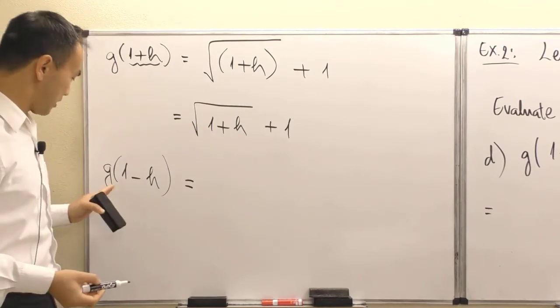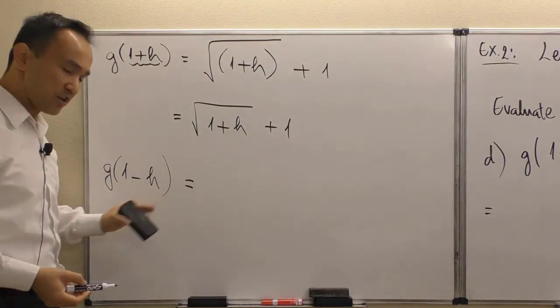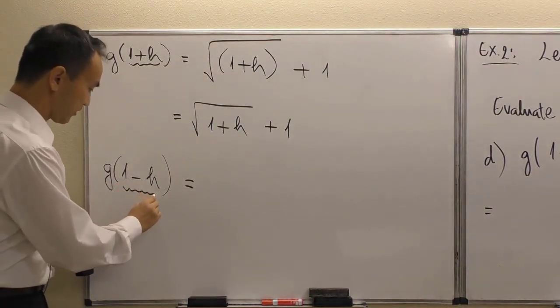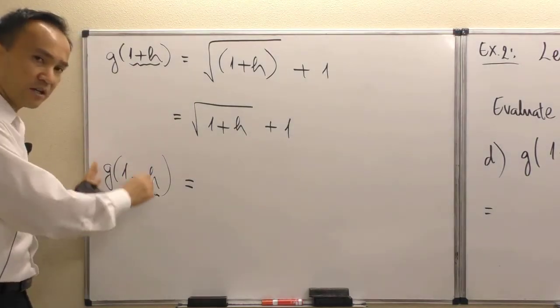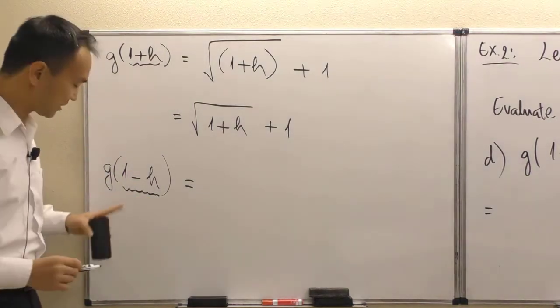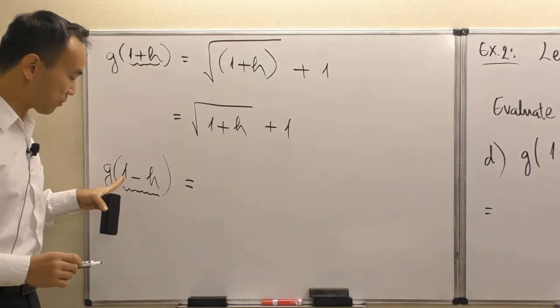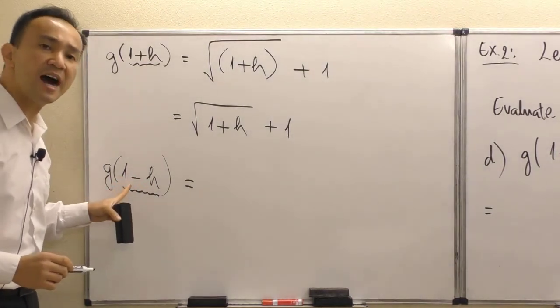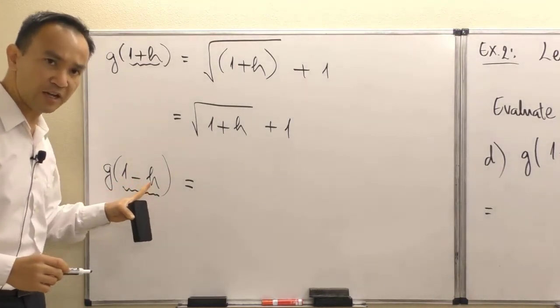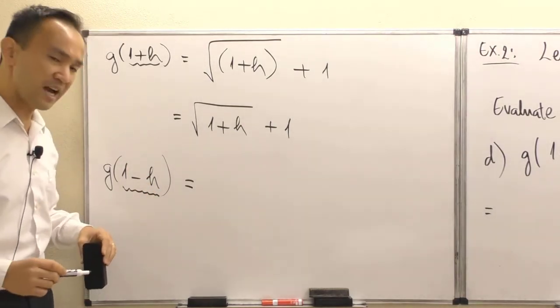Okay, so g of 1 minus h, this is the input. When you read this function notation, it's indicating that now we're substituting the entire 1 minus h for the general input.